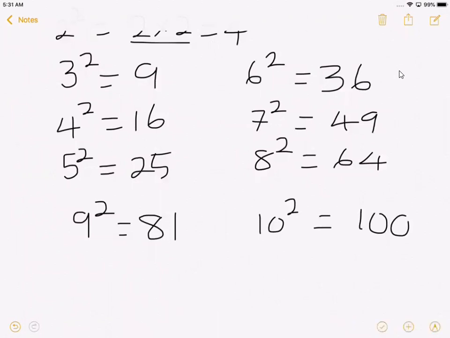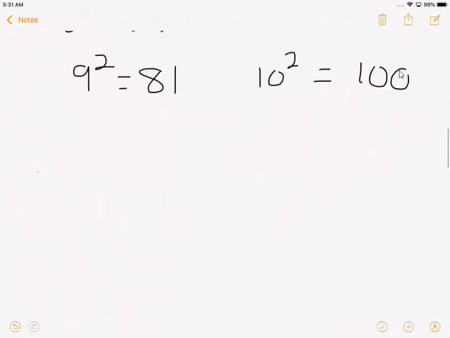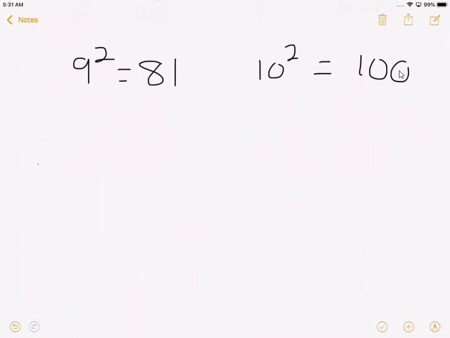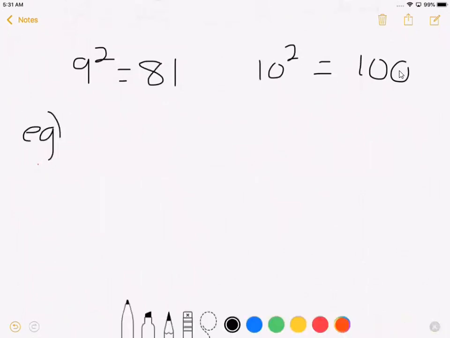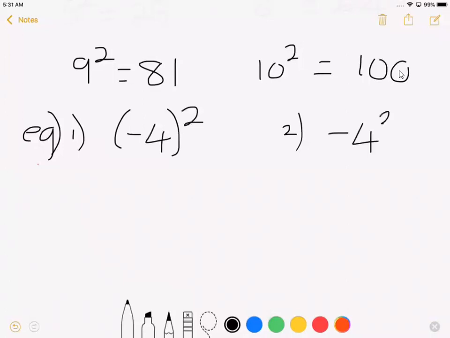Now let's do examples using a square. I'll do number 1 and number 2 only for square. Given (minus 4) squared and minus 4 squared, these two are not the same. With the first one, the minus is being affected by the square. With the second one, only 4 is being affected by the square.